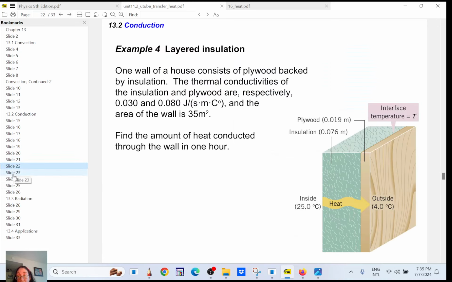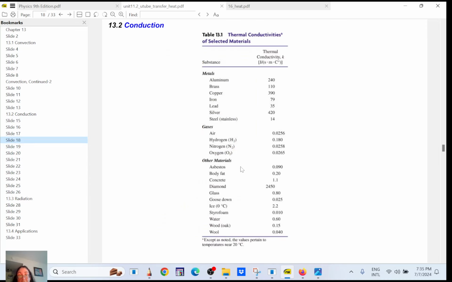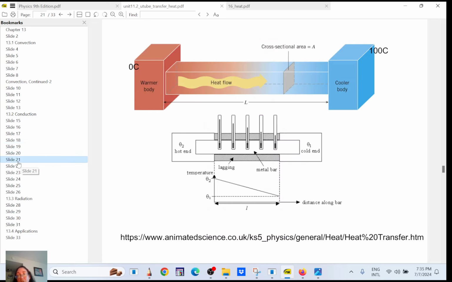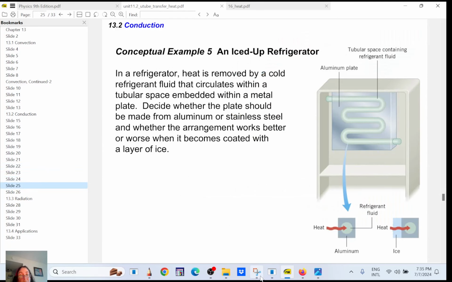But if you look at the thermal conductivities of different materials, if you go back to this slide, you see that aluminum is a very good conductor and steel not so much. Okay, so you don't want to use steel, you want to use aluminum. In addition to that, that plate can be coated with ice.